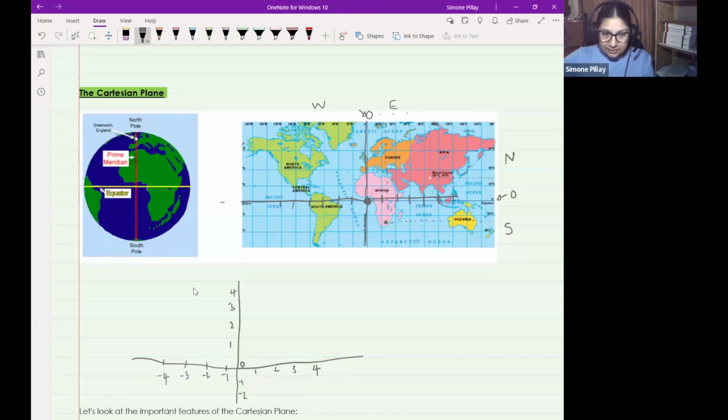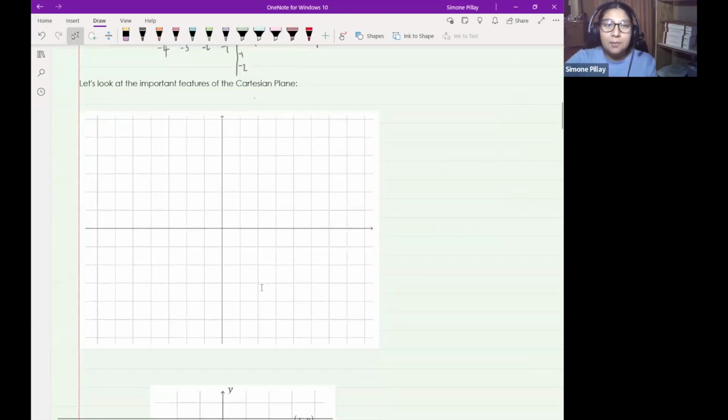So that's that. Now, if we have a look at some important features of our Cartesian plane, the first thing you have to know is that our Cartesian plane is made up of what we call axes. So we have one axis and two axes. What are my axes?